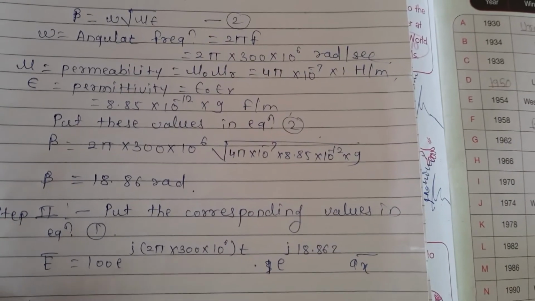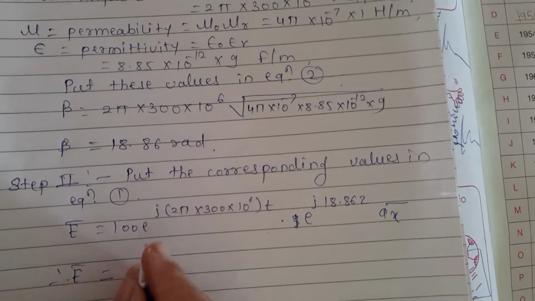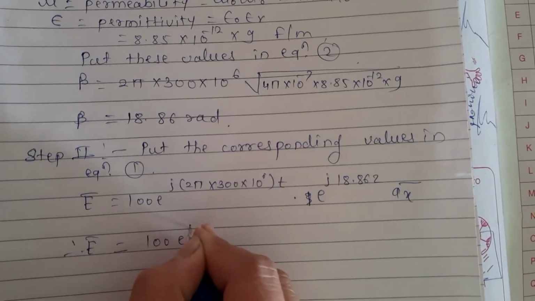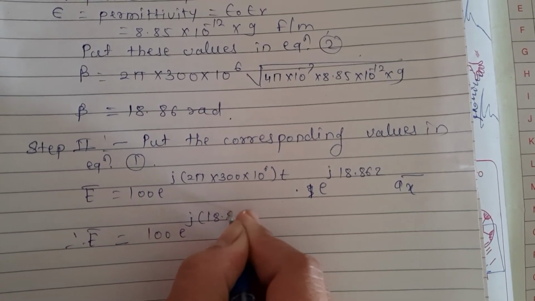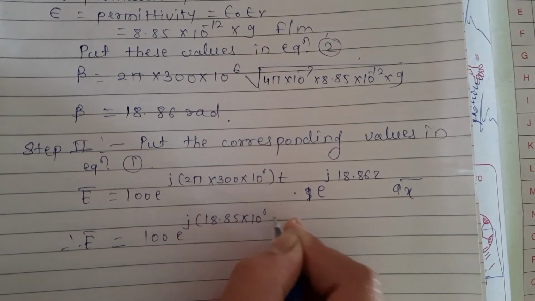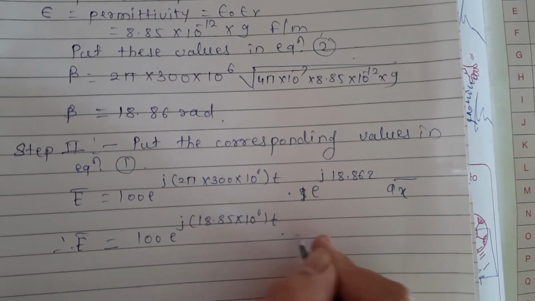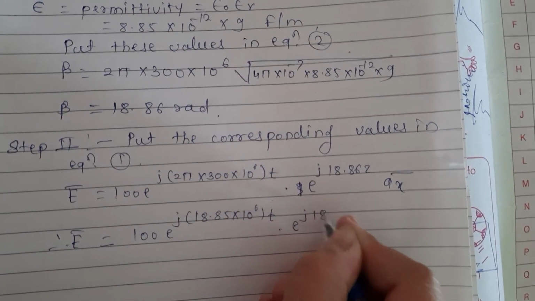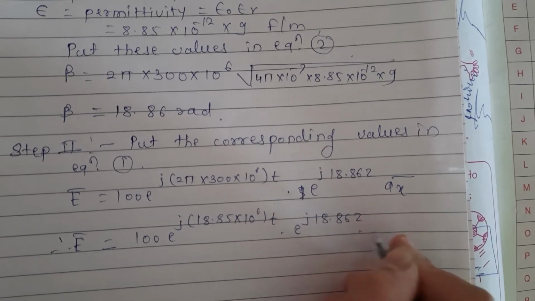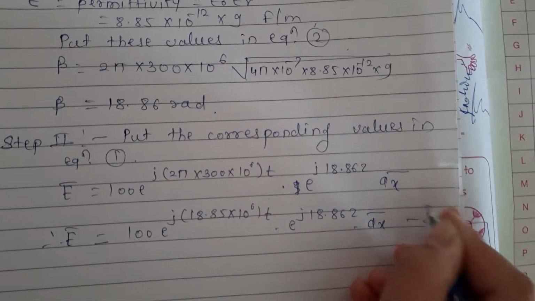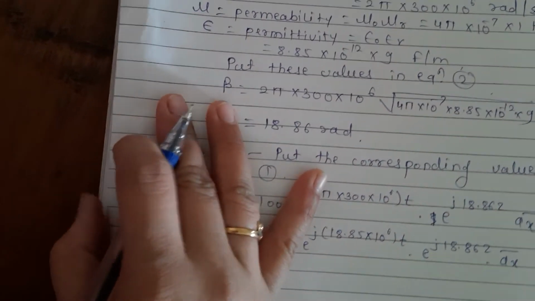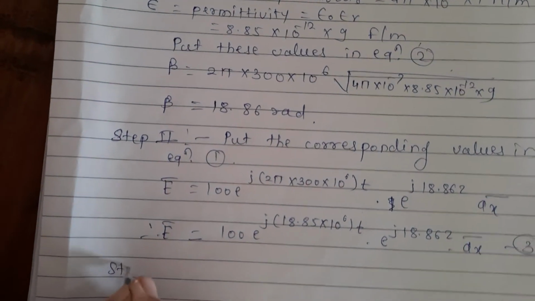So we can write this equation as E bar is equal to 100 e raised to j 18.85 into 10 raised to 8 t, e raised to minus j 18.86 z a x bar. This is equation 3.